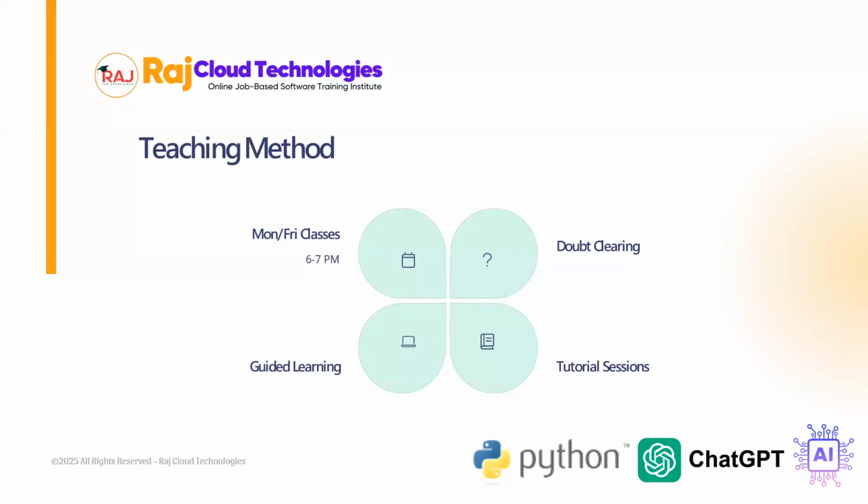If a lot of students are not able to understand a particular concept, then we will have detailed tutorial sessions, apart from the regular weekly 2 hour class, 1 hour each.